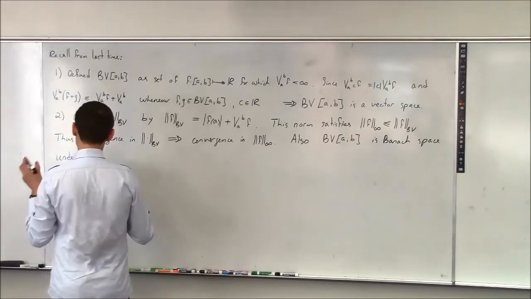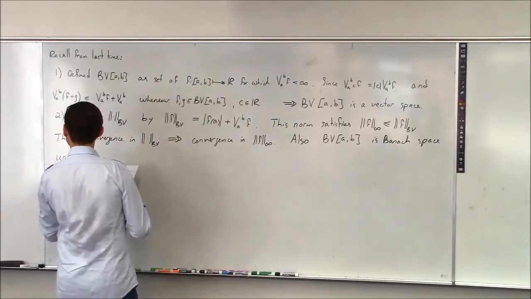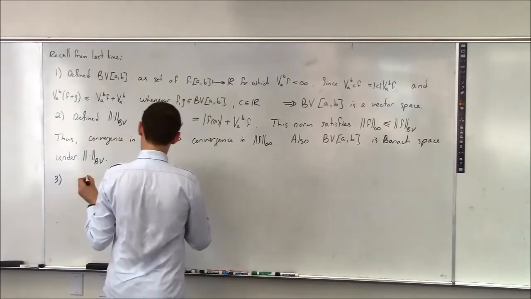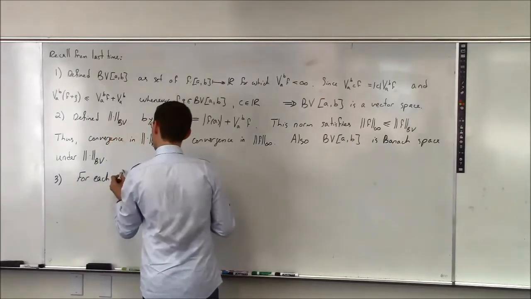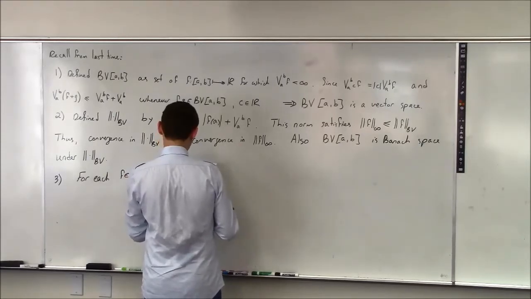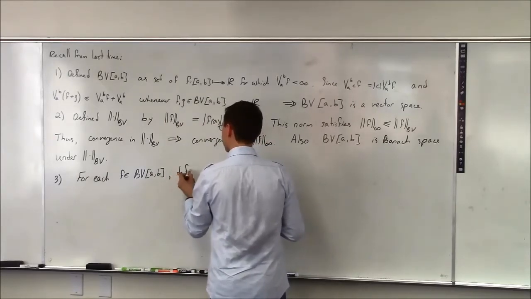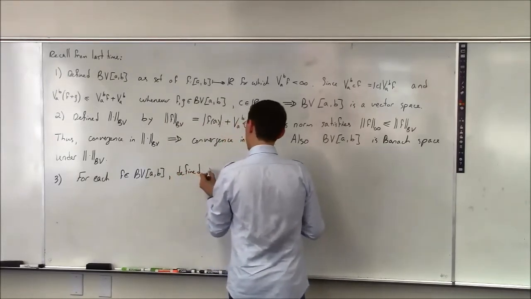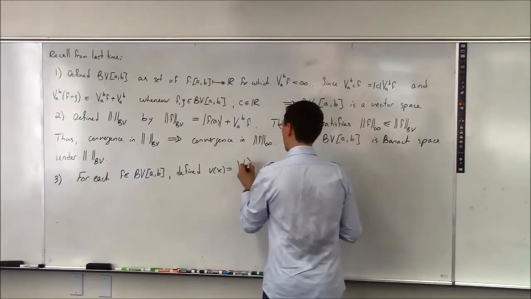So what else did we observe? Third, for each function in the space of bounded variations, we defined the function v of x to be the variation from a to x of f.